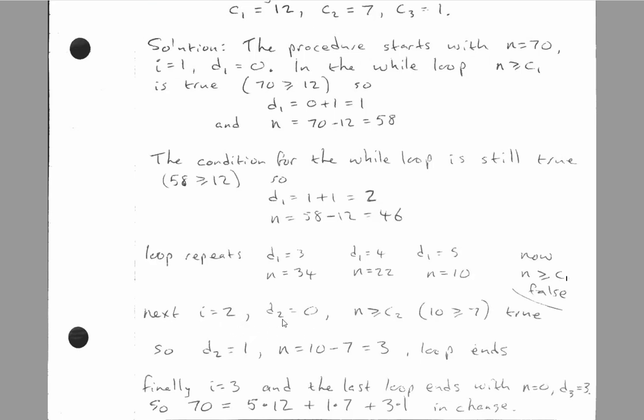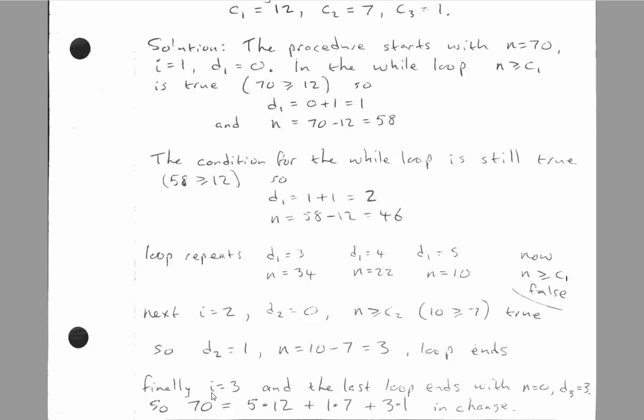I is 2, D2 starts out at 0, and greater than or equal to, this time 7, is true. So increase D2 by 1, decrease n by 7. Now the condition is false, so this loop ends. 3 greater than or equal to 7 is false, so we can't use any more of the 7 coins.